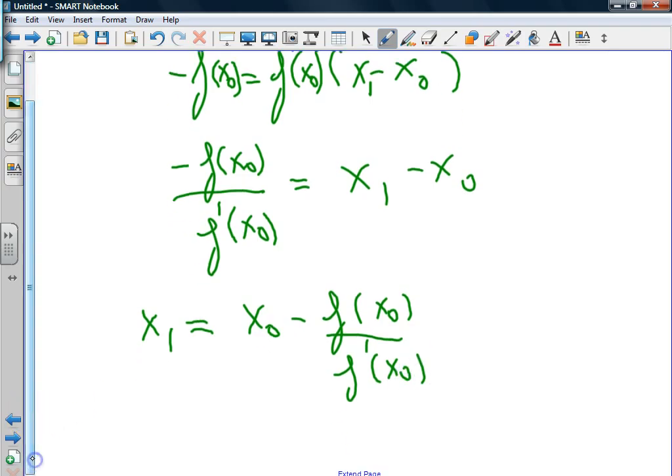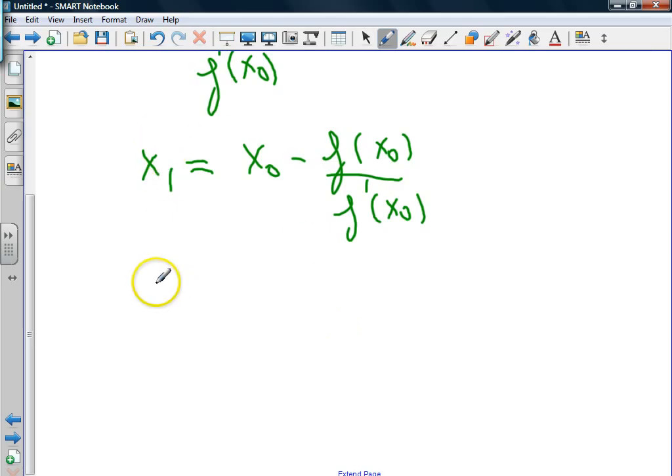Okay, and you could do this by hand. Given some kind of an equation where you're finding the roots, you can pick a nice easy guess for x0 near the root and plug it all in there, and you get x1, a better guess. If you don't like that, plug that answer back in and get another answer. In other words, this is the recursion.